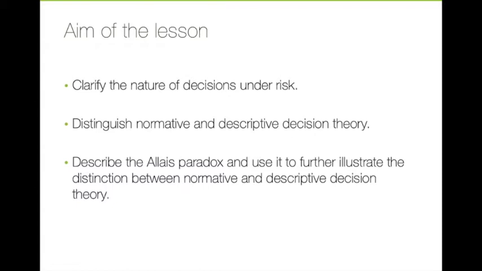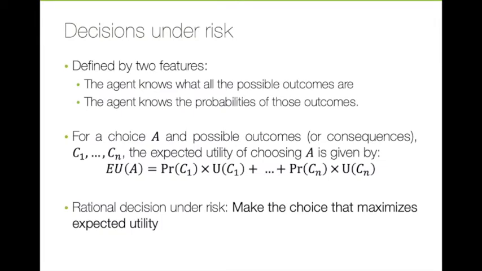In the previous video, we covered rules for decisions under ignorance. In both decisions under risk and decisions under ignorance, the agent has to know all the possible outcomes in order to weigh them. The distinctive aspect of decisions under risk, though, is that the agent must know the probabilities of the outcomes, or at least be able to reasonably estimate them.